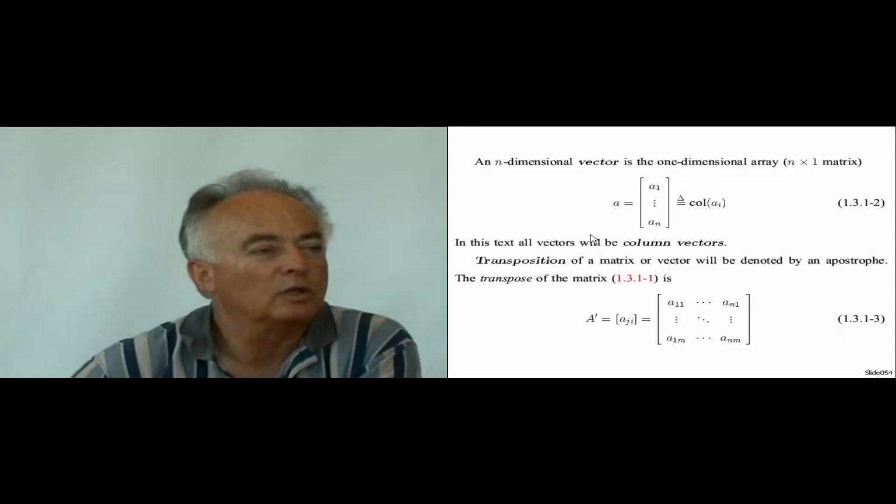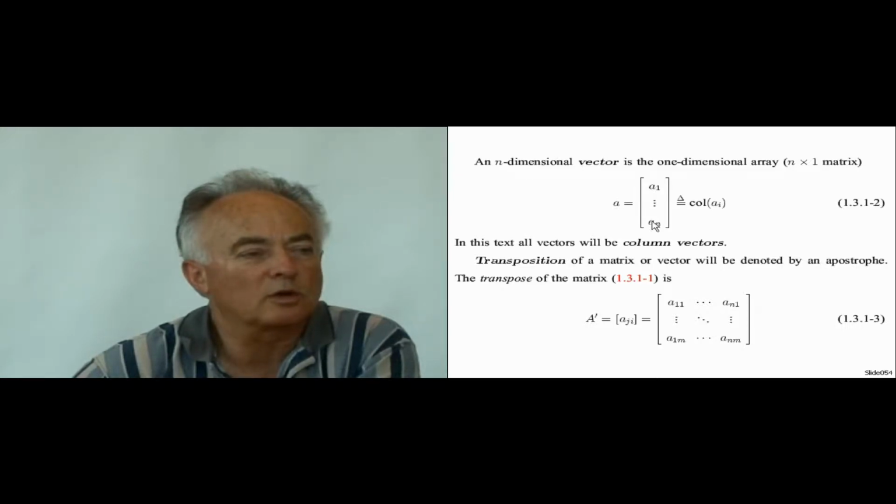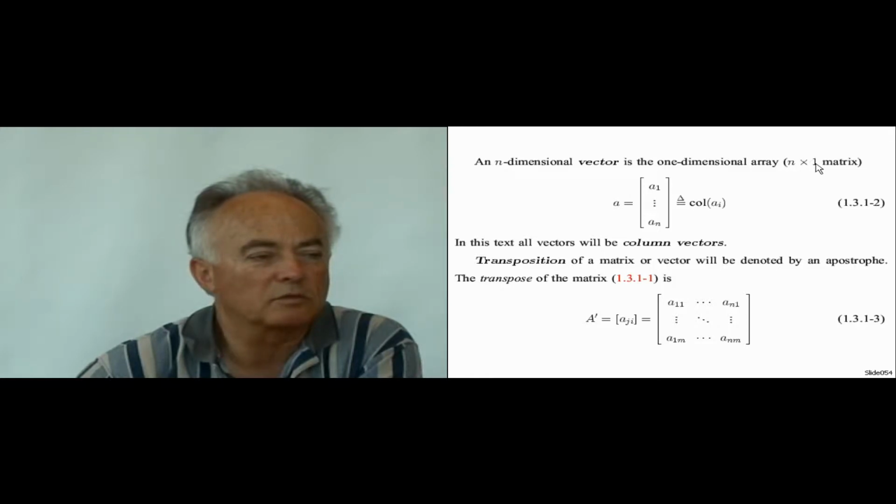A vector will be denoted as a column vector. This is the column, elements A1 through An, column of Ai, and it's really an n by 1 matrix. The transposition operation of a matrix is denoted by an apostrophe, and the transpose of our original matrix A is A prime, A transpose.